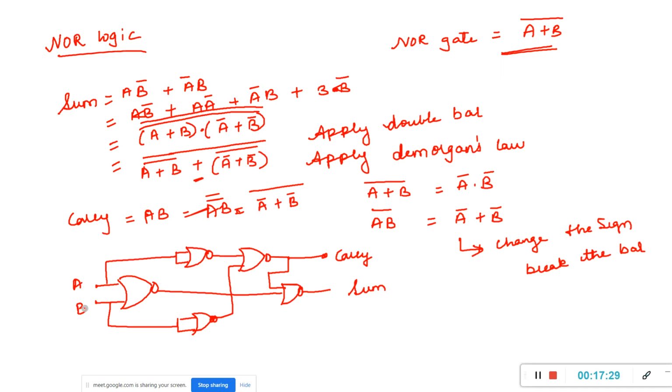So this is the NOR logic network for half adder. Half adder has carry and sum.